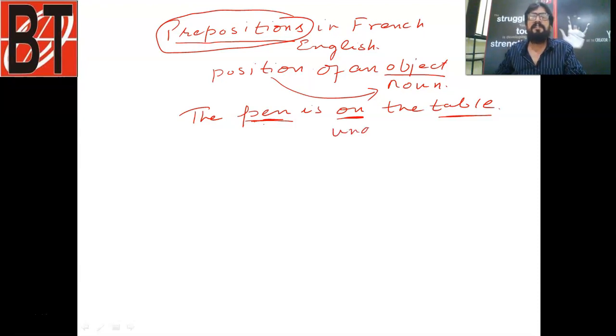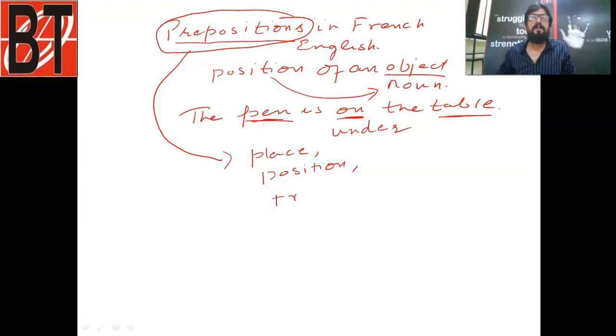If I change the preposition, the meaning would change entirely. So in English, they tell you the position. Prepositions can be prepositions of place, of position, of course of transition, or the preposition of time.